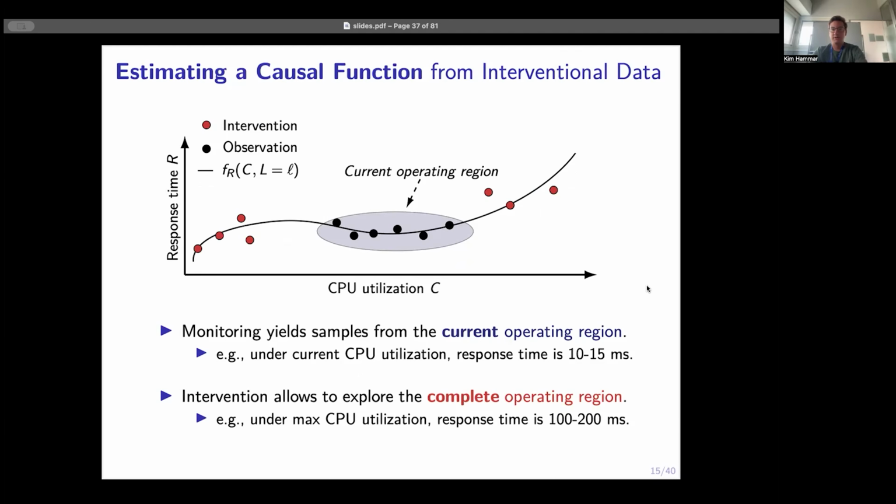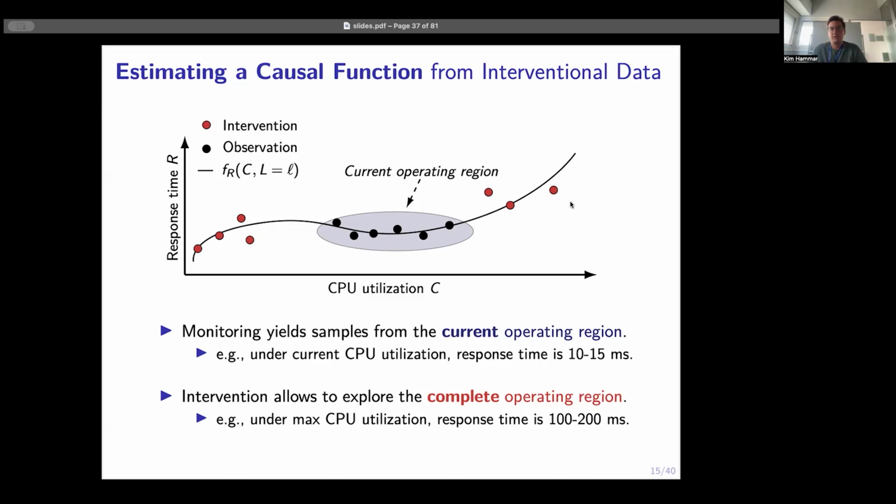However, such interventions, of course, also come with a certain cost. And this is also quite nicely illustrated here because if you force the utilization to be high, your response time also goes up. And that can then degrade the performance for your users. So that involves a certain cost.